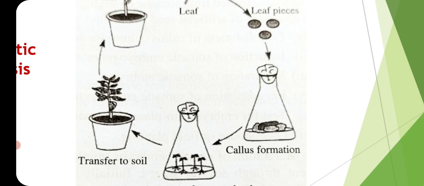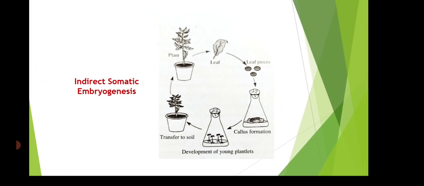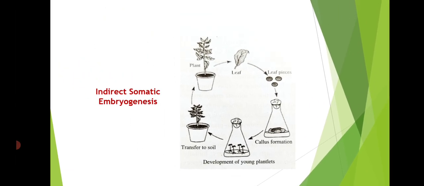Then in the second level we will reduce the auxin content, and as a result embryogenesis occurs. Okay. And likewise we can produce from these small embryos. There is no dormancy period in case of somatic embryogenesis.